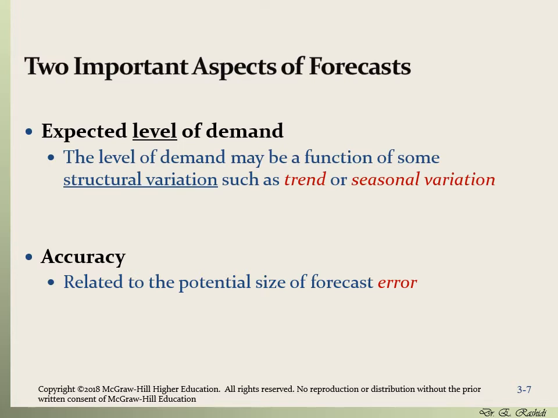When we want to make a forecast, it's important to consider that there are two important aspects in forecasting. One is the nature of the variability in the variable that you want to make a forecast for. For example, if you are making a forecast for demand, then the expected level of demand, the variability in the demand, may be a function of some structural variation, such as what is called a trend or seasonal variation, or random variation or irregular variation that we're going to talk about later on.